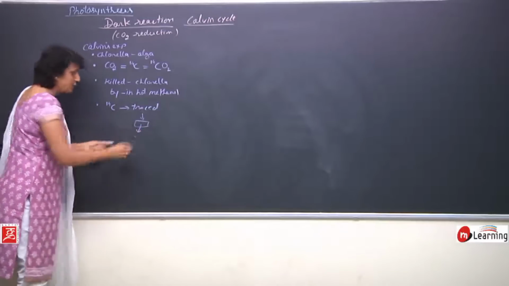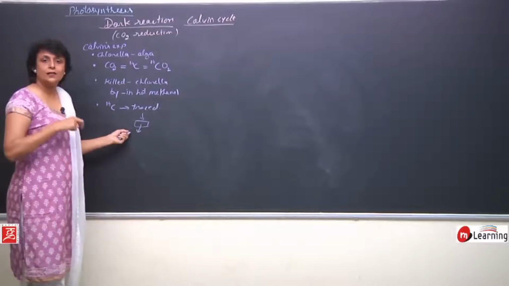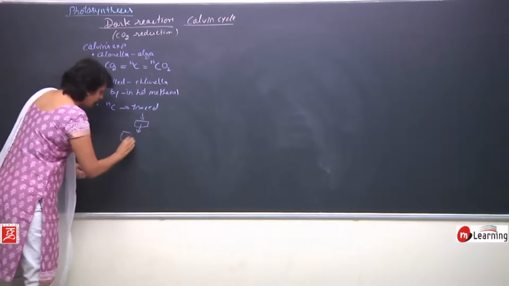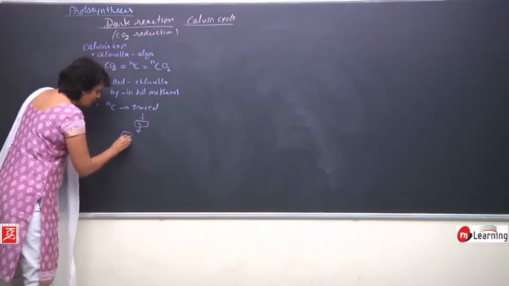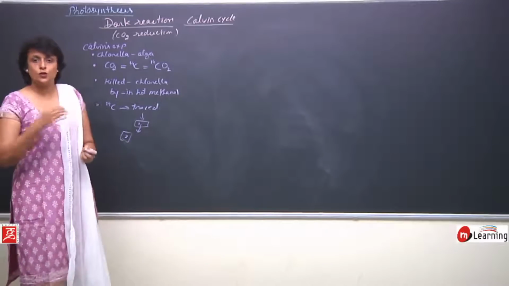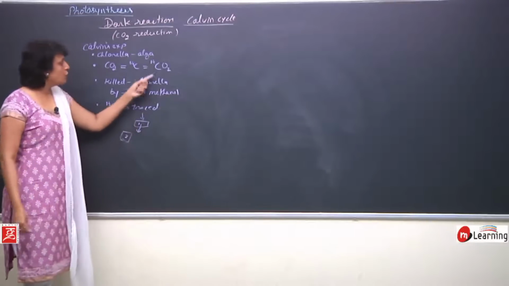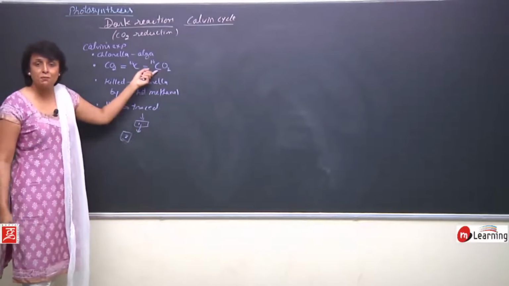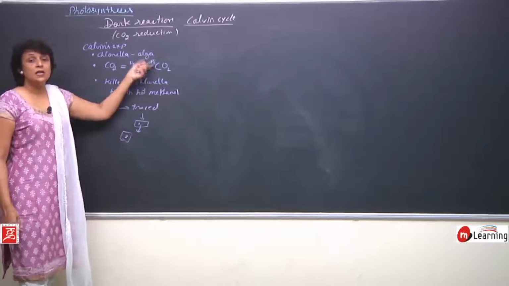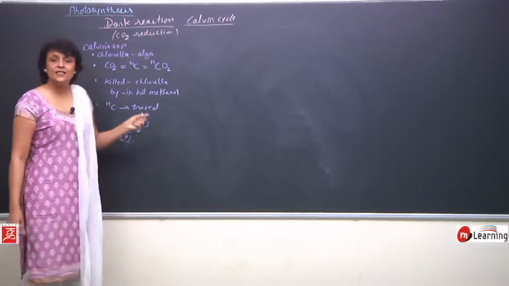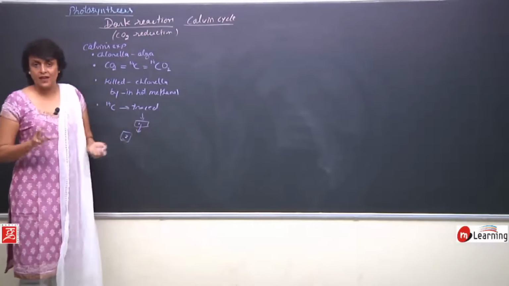Then after a few seconds, when a few more chlorella cells were taken and analyzed the same way, he found another compound. So, this was compound 1, compound 2, compound 3 and so on. And this is how he gave us the complete cycle, what happens to the carbon dioxide which is fixed by the green plants.